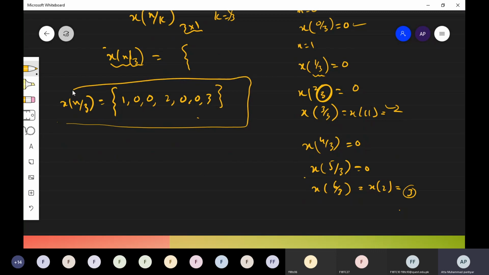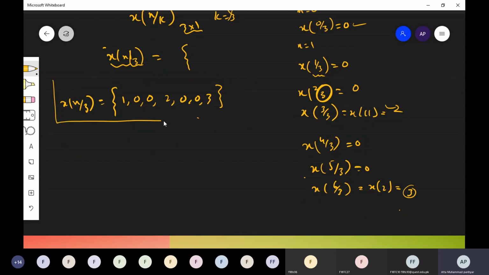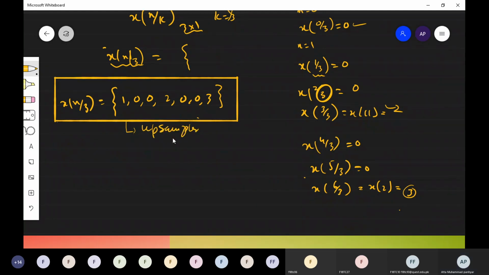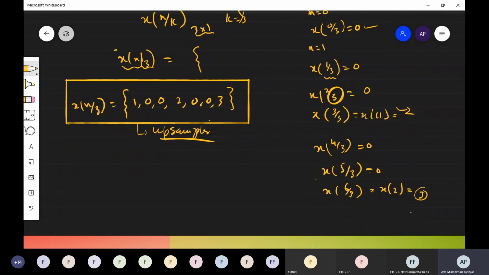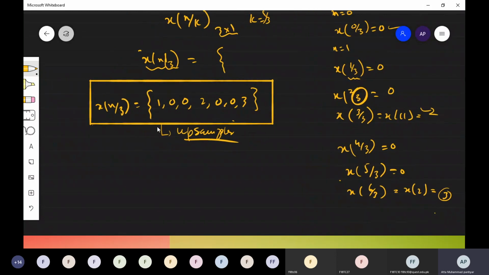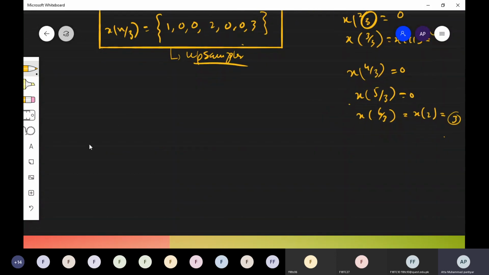We will see in a while that this signal gets smoother and smoother. We call it an upsampler, since we are increasing the samples. So this is the time expansion. So what our property says: if we have signal x of n, and its spectrum is x of z, then what happens when we have x of n by k?